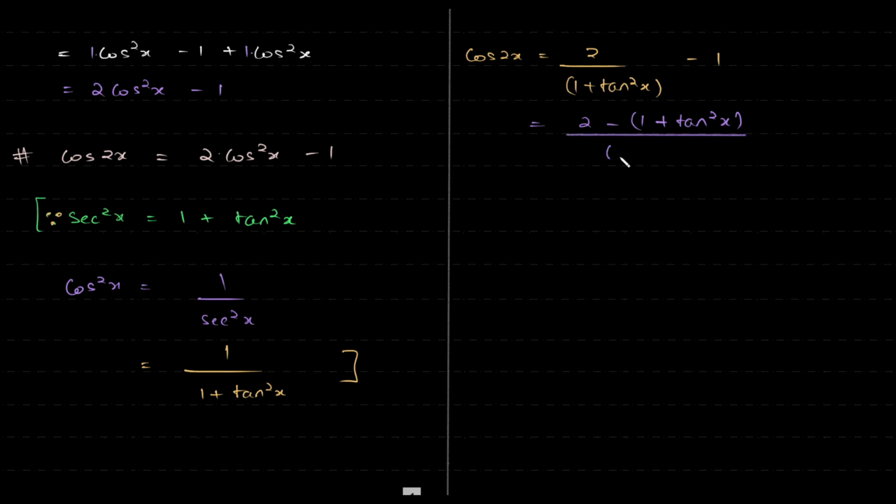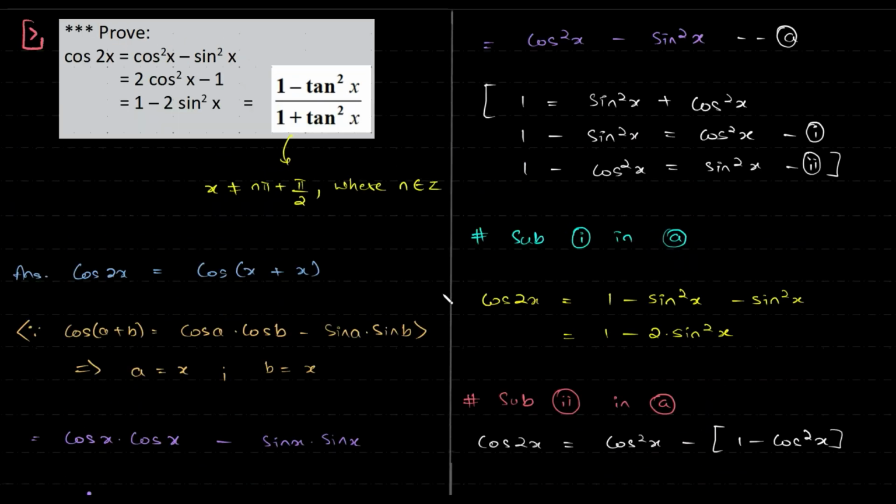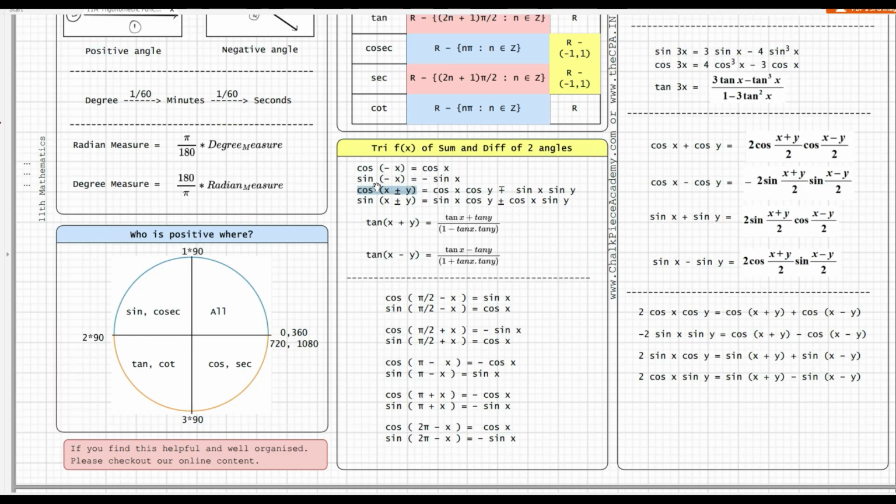So 1 plus tan square x. So minus of this entire expression, 2 minus 1 is 1. So this would be 1 minus tan square x divided by 1 plus tan square x. And we have the following answer. That's it. Right? So everything can be derived from everything else. Just a matter of learning it sequentially.